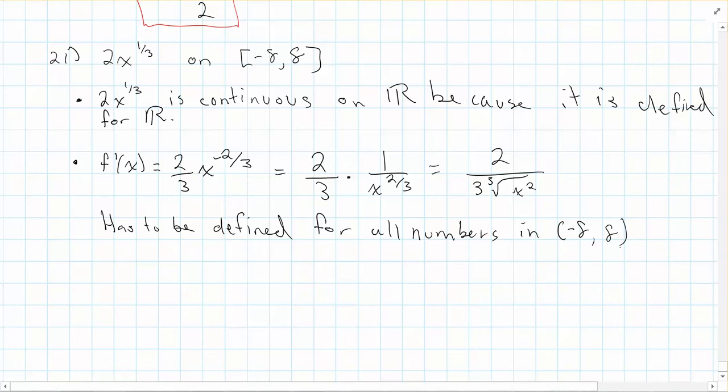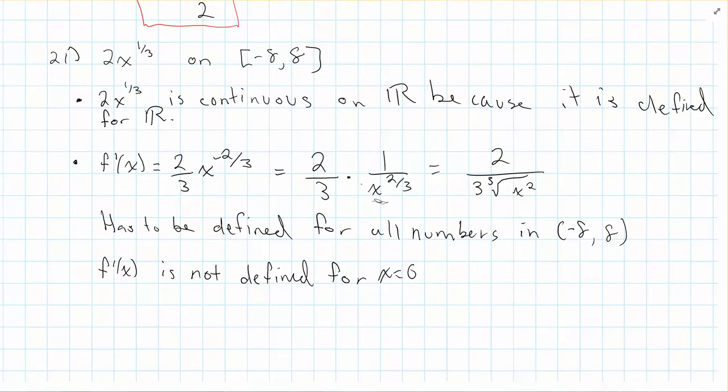But hopefully real quickly you can see that this is not defined for x equals 0. Because if I put x equals 0, even in just this part, you'd be dividing by 0, because 0 to the 2/3 power is still just 0, so you'd have 1 over 0, which is undefined.